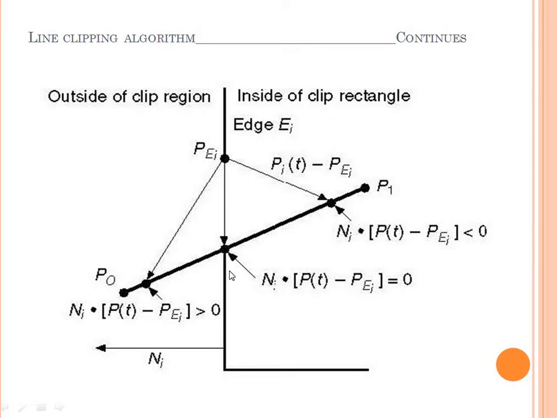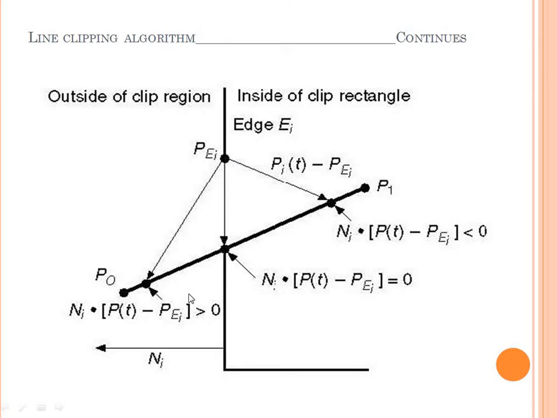Then we have to select four points at random. The first point is selected on edge E, and the name of this first point is PEi.